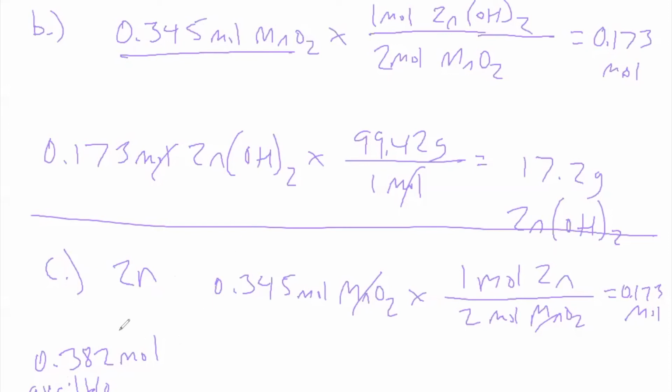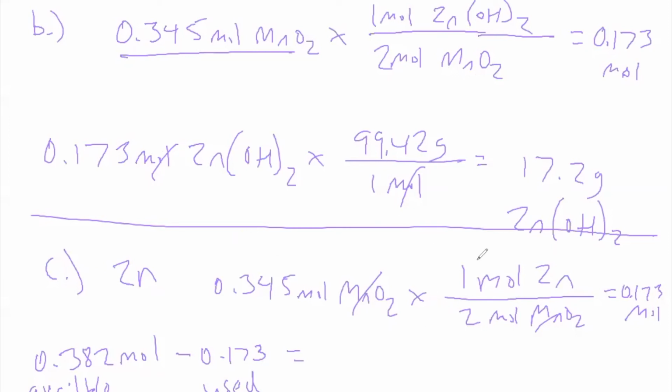So we know that we have 0.382 moles of zinc available to us, but we only will use up 0.173 moles of zinc. The rest will just be in excess because MnO2 will run out at that point. Does that make sense? Yes, ma'am. Thank you. You're welcome.